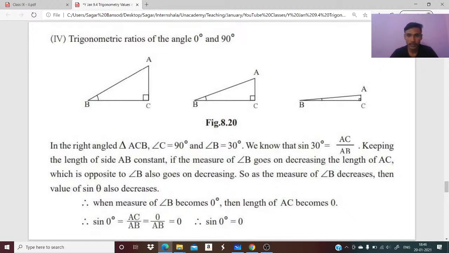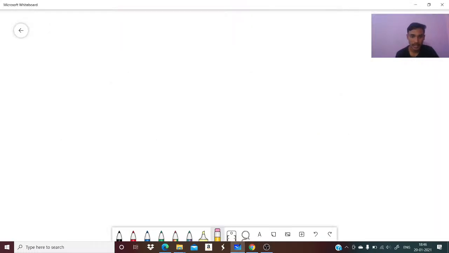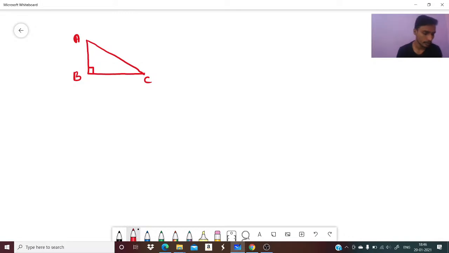For this I guess I will need to use the whiteboard, so let me pull out the whiteboard and start here. Let us suppose that you have a triangle just like this. This is B and this is C, where this angle B is a right angle.